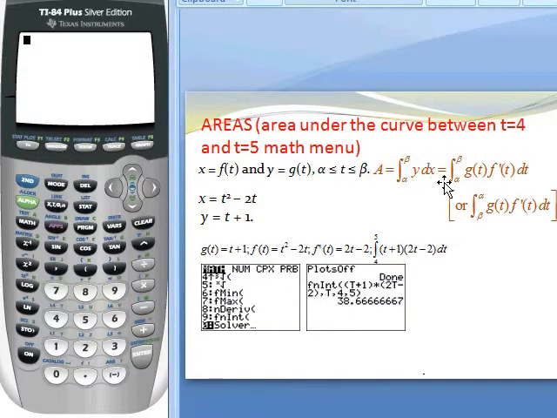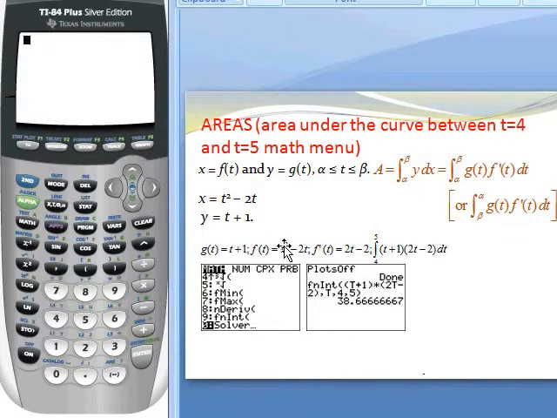Now, let's see how I can do that in our graphing calculator. Let's say the problem was x equals t squared minus 2t, y equals t plus 1, and I want to see the area under the curve between t equals 4 and t equals 5. What you can do is just write down what you have. Y equals t plus 1, so that means g of t equals t plus 1.